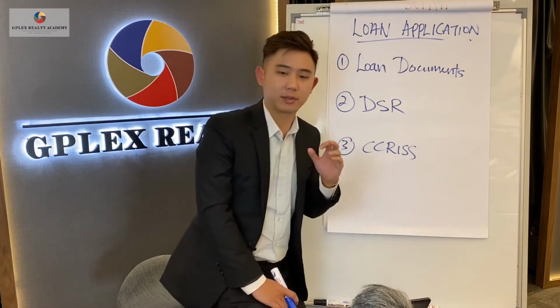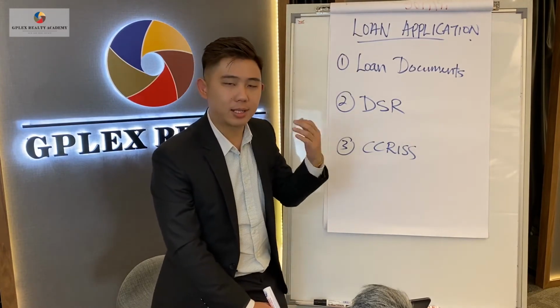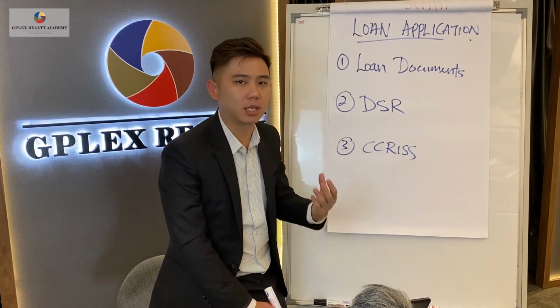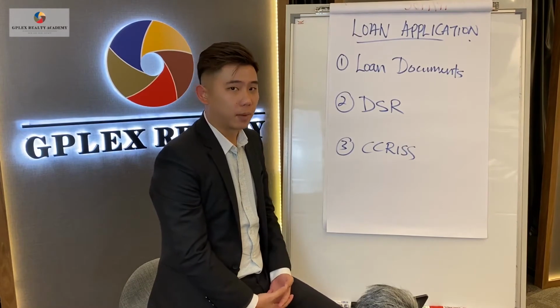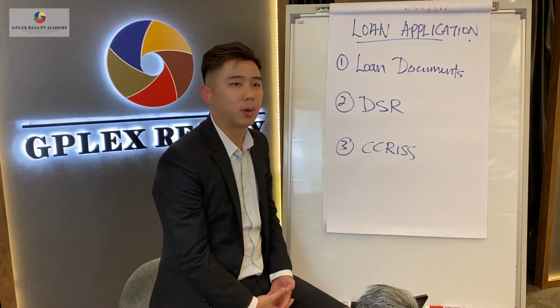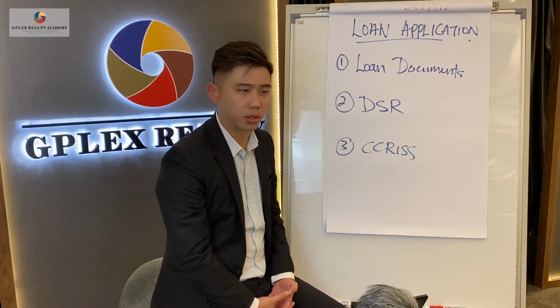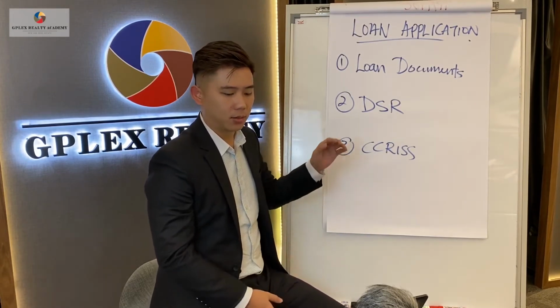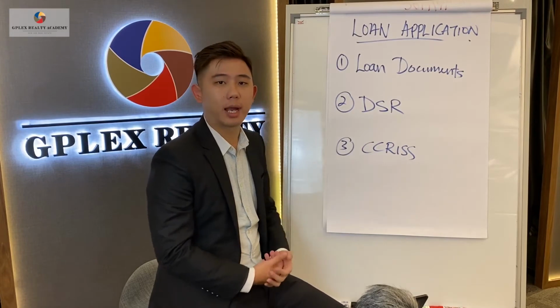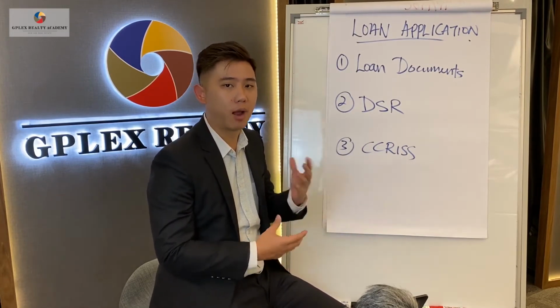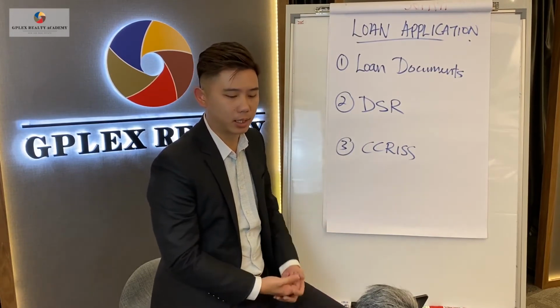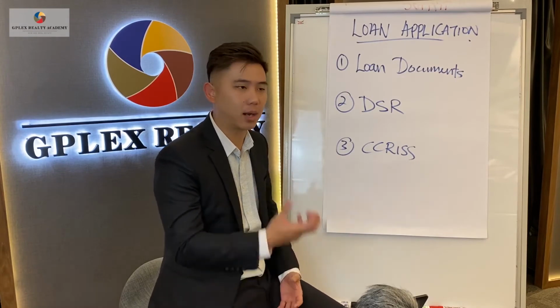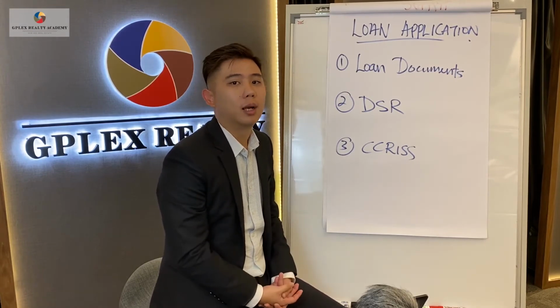So take note of this. That is the basic documents that you need to collect. You will still need to talk with the bankers to see whether they require additional documents. So work closely with the bankers. Supporting documents like FD and some bonds, if you have, you can also provide to the bankers. It might help to get the loan faster.